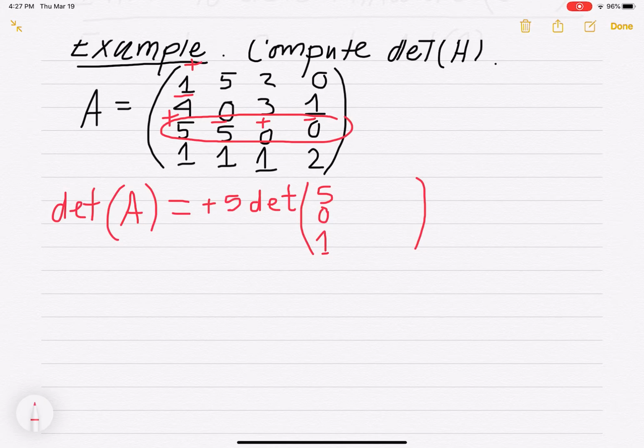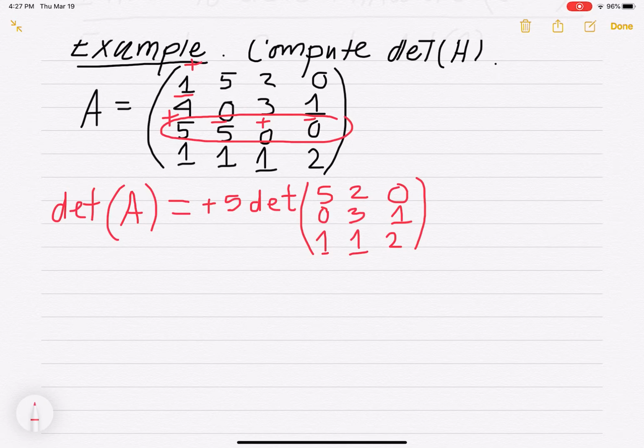And my second column of my submatrix, I'm going to have 2, 3, 1. And I'm going to have 0, 1, 2. Okay. So that's the submatrix when I cross out third row, first column.